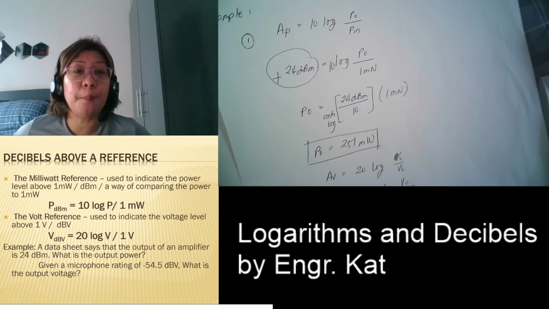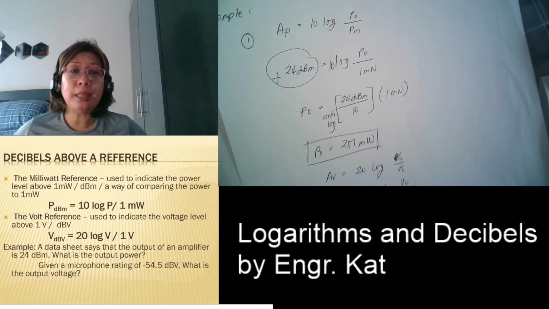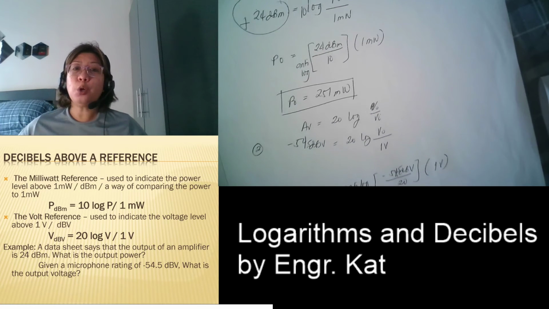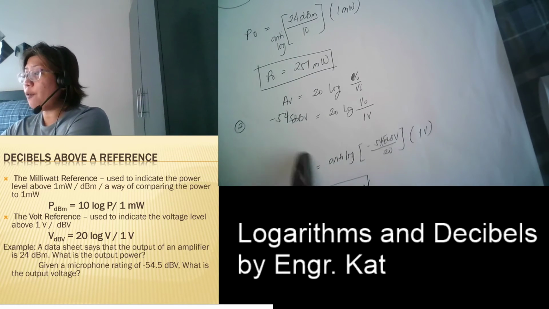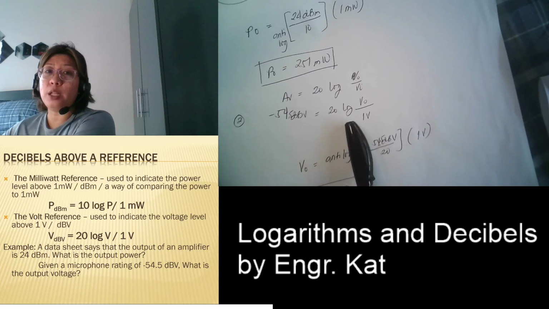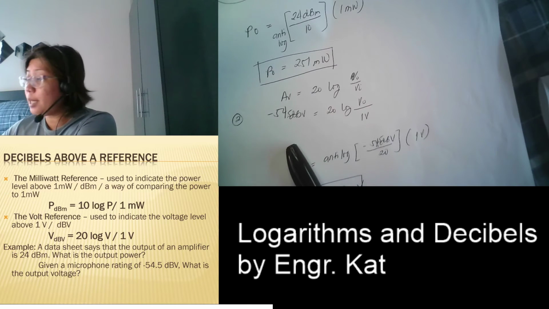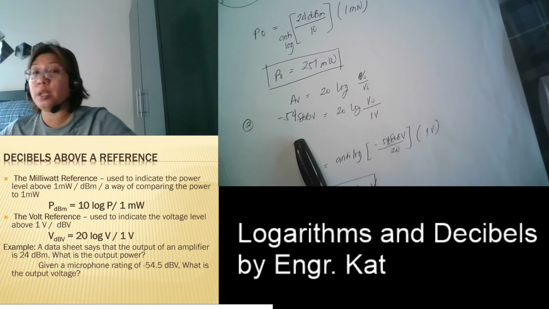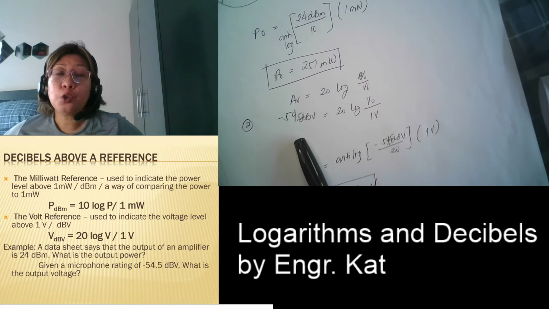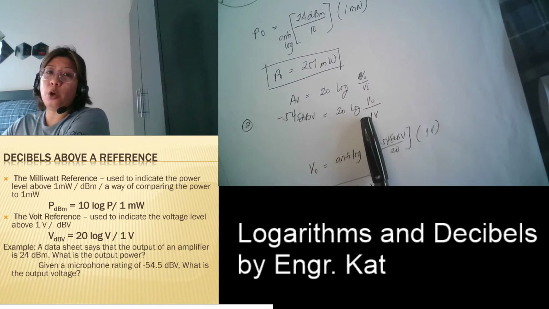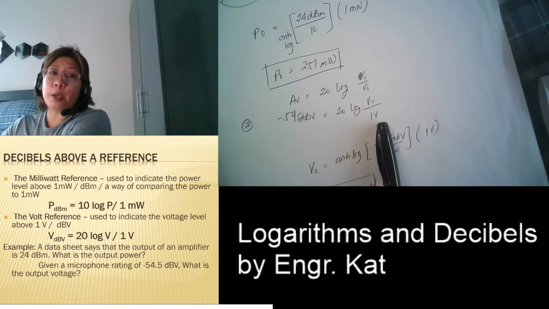For the second example, given a microphone rating of negative 54.5 dBV, what is the output voltage? In this case, we have a voltage gain which is equivalent to 20 logarithm of VO over VI. So we place here negative 54.5 dBV. We can write that as 20 logarithm of VO divided by 1 volt.